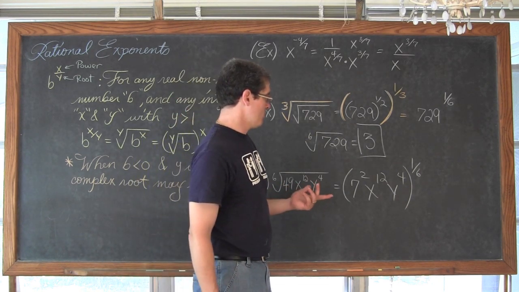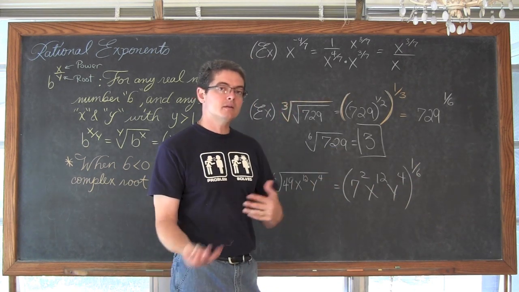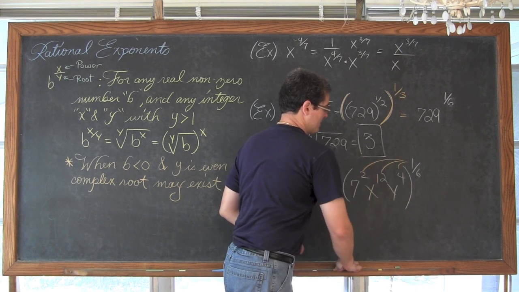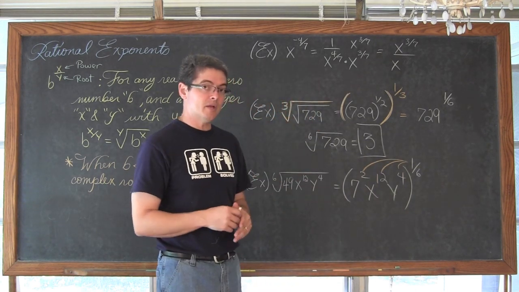So what do we have here? Well, I've got a base inside of yet another power, so we're again going to apply the power rule and bring that 1/6 through, kind of like we're distributing it, even though it's not technically what we're doing.